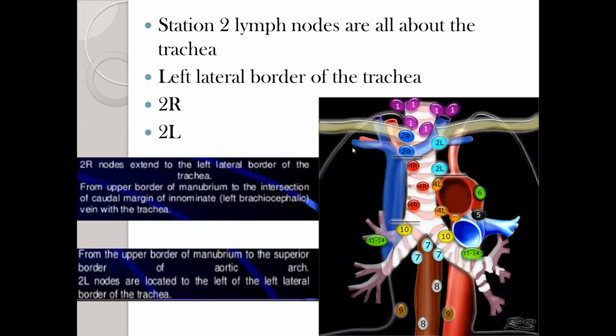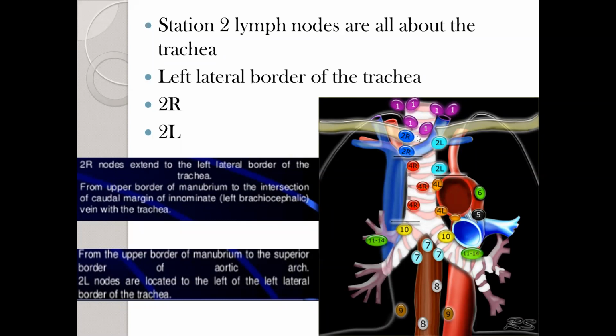So station 2 lymph nodes are actually scattered all about the trachea. Unlike station 1, for station 2, we use the border as the left lateral border of the trachea and not the midline that cut through station 1. All the lymph nodes on the left are 2L, and on the right they are 2R.